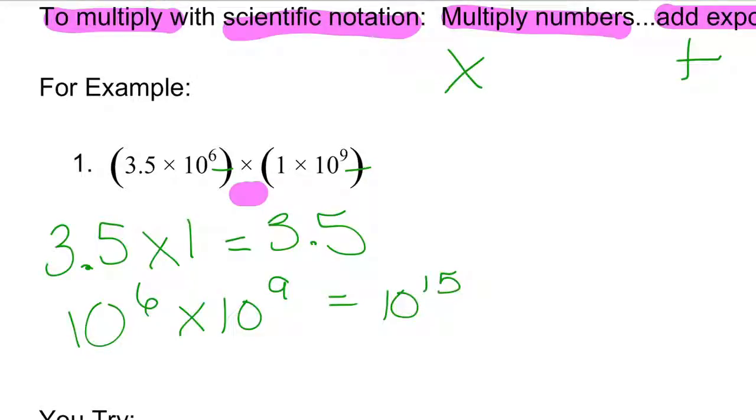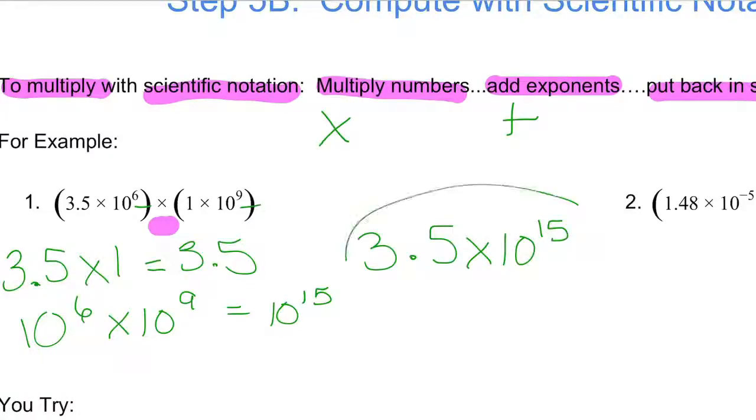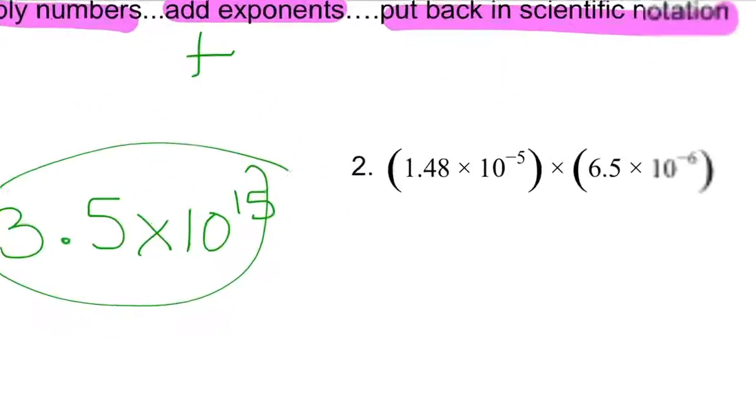We learned that when we learned how to do exponent operations. Then put it back into scientific notation. So it's 3.5 times 10 to the 15th. That's your answer there. Okay, let's try another.